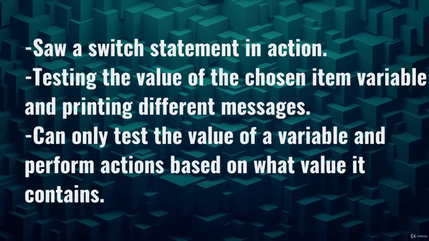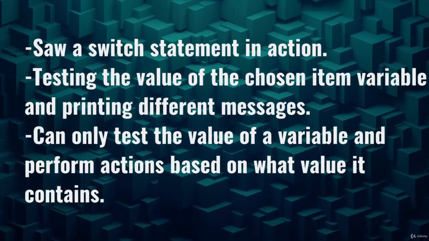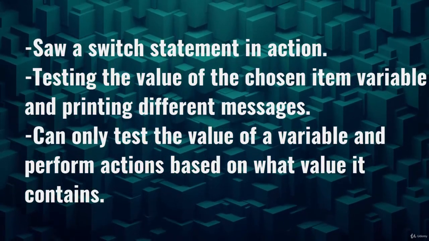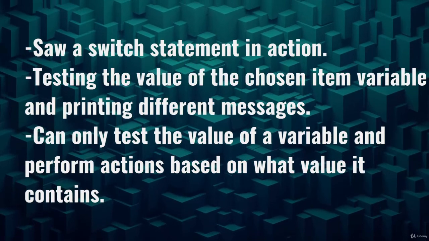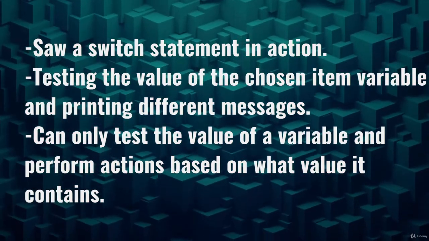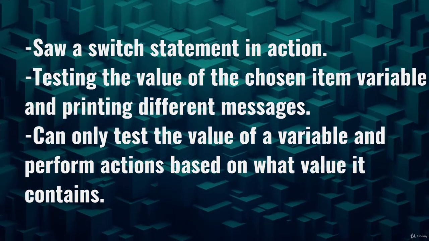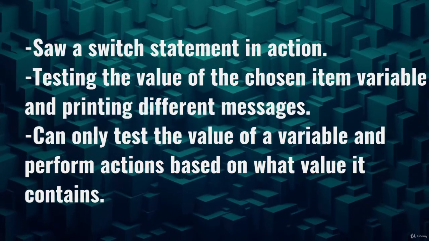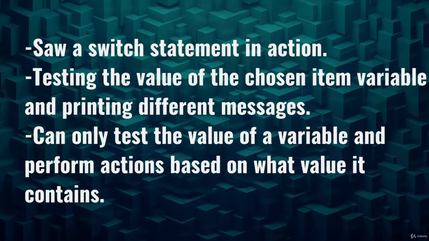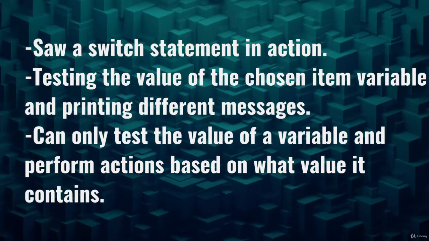Alright, so in this part we saw a switch statement in action. We had set it up before, and this time we got to see exactly how it works in a real example. Our example had this chosen item variable that contained a string value, and we were testing to see what exact value that string contains and had different messages print depending on what value it had.